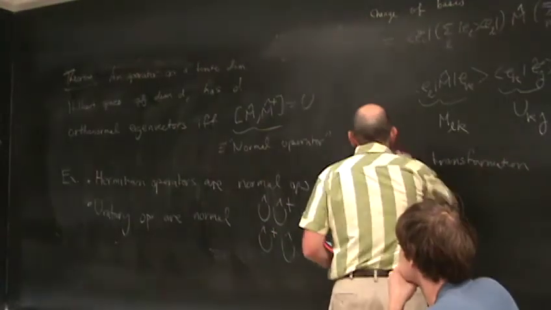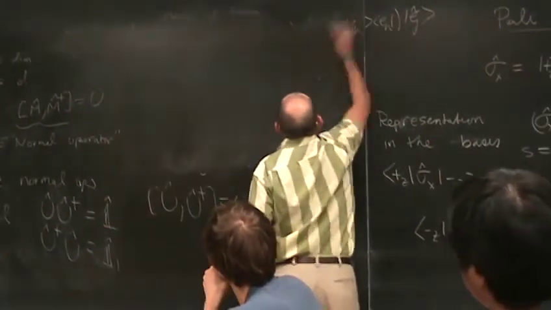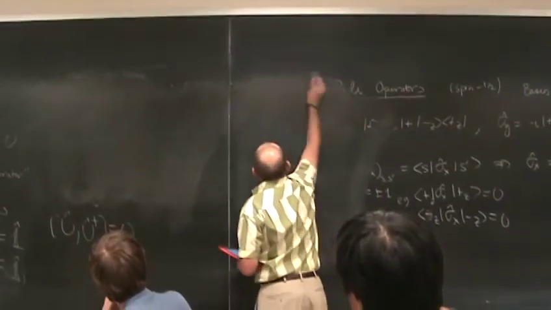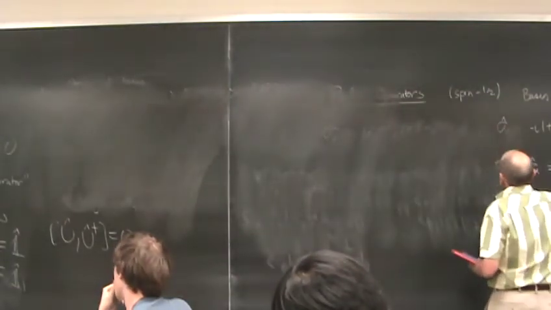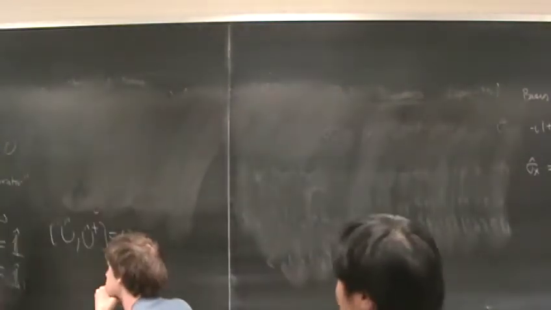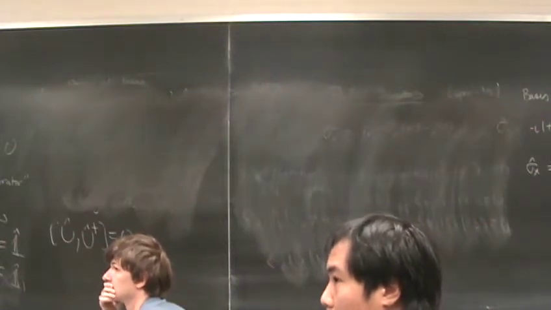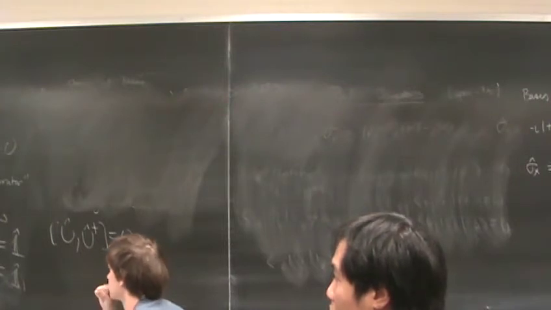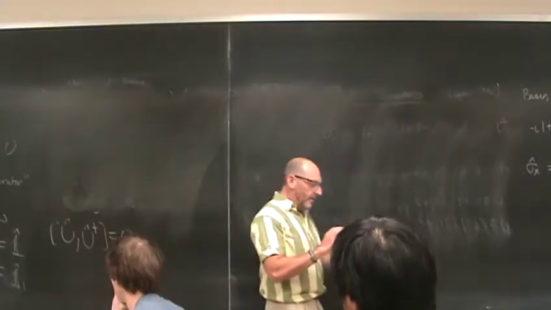So what that means is that both Hermitian operators and unitary operators, if they act on a d-dimensional Hilbert space, have d orthonormal eigenvectors. That's not true of all operators, but it's true if they're normal. Okay?